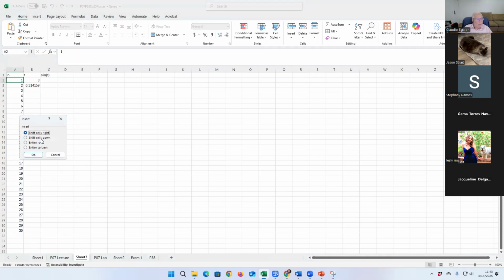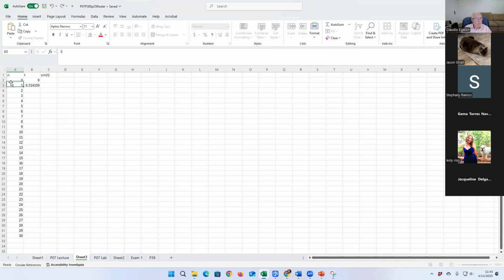I'm going to put a time t equal to 0, and n equal to 0. Okay, so what am I doing here? I'm kind of automating this process.